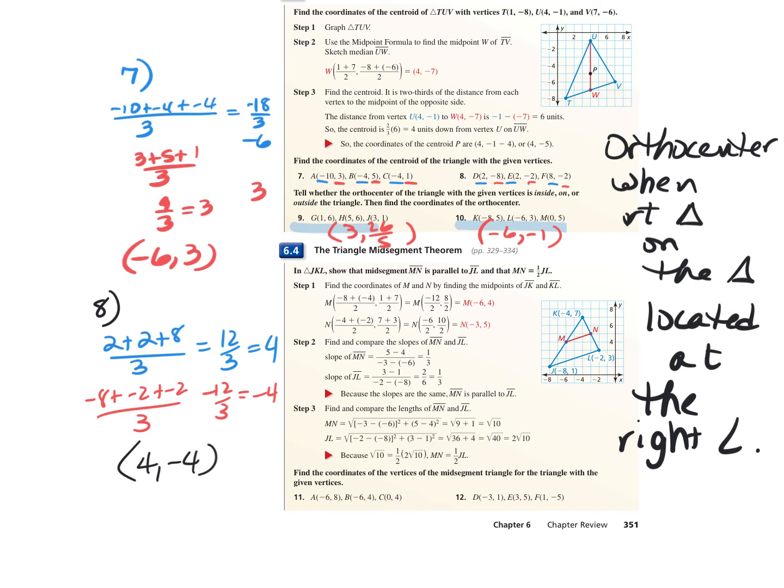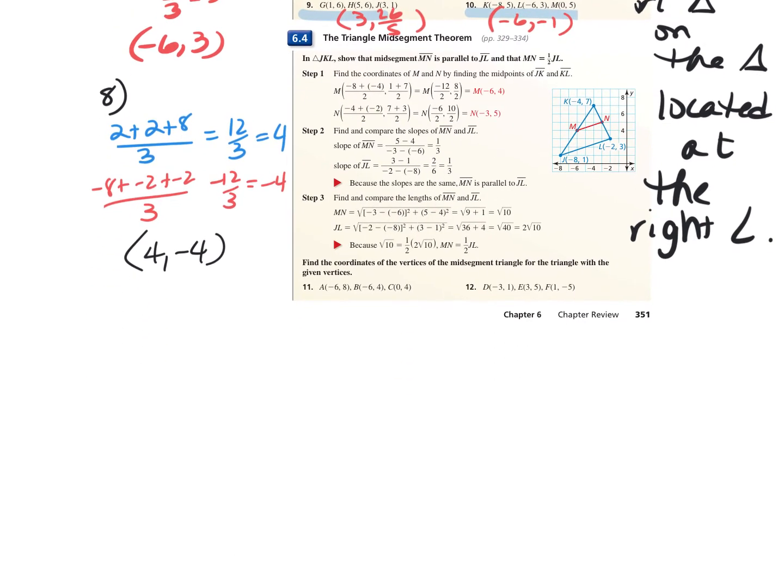Once you find those midpoints, then you connect them, and then that becomes your mid-segment triangle. So for number 11, I'm going to go ahead and find the midpoints. And again, here's where your graph paper will come in. If you want to graph the 3 ordered pairs to figure out the 3 sides that you need to find the midpoints for, I'm actually going to find the midpoint of AB, AC, and BC.